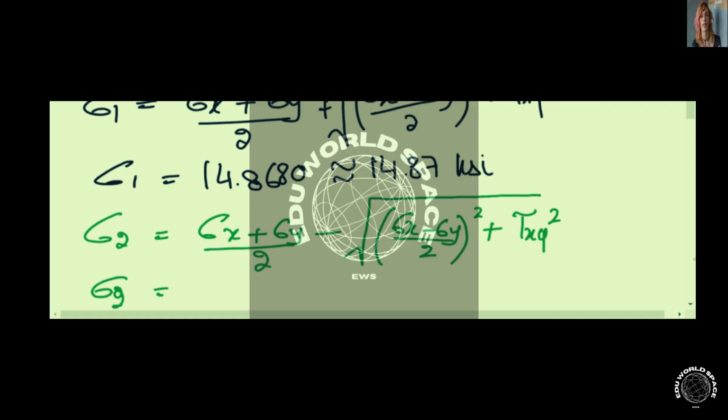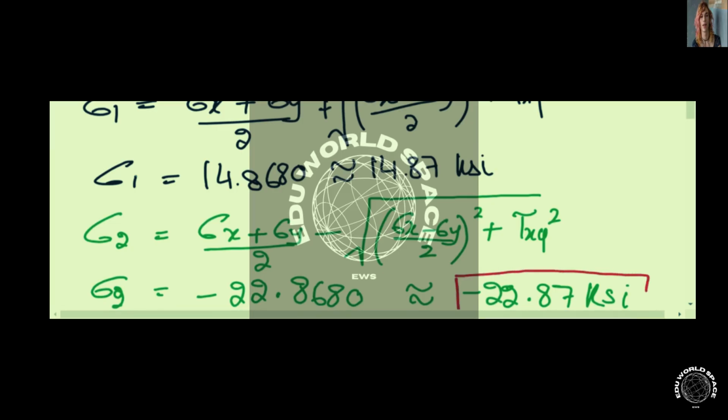The calculated value of sigma sub 2 is negative 22.8680, which is approximately equal to negative 22.87 ksi.